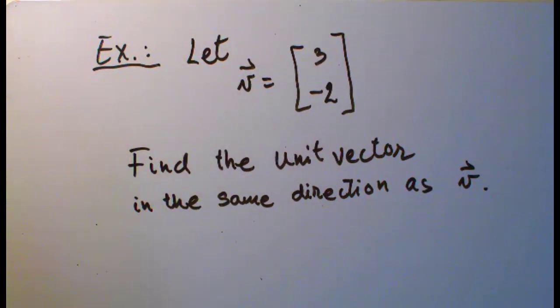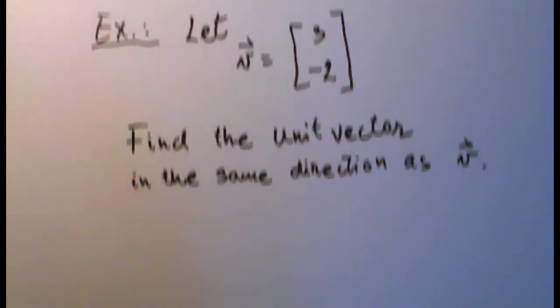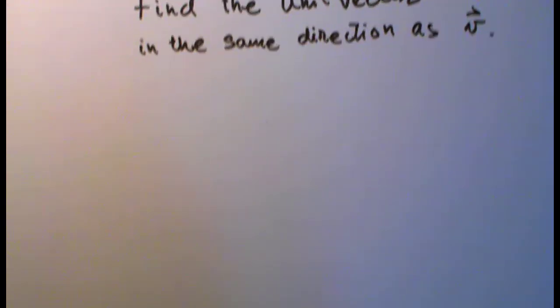So that's the instruction of the problem. We want to find the unit vector, with length 1, but pointing in the same direction as v. And so here's how we perform this task.